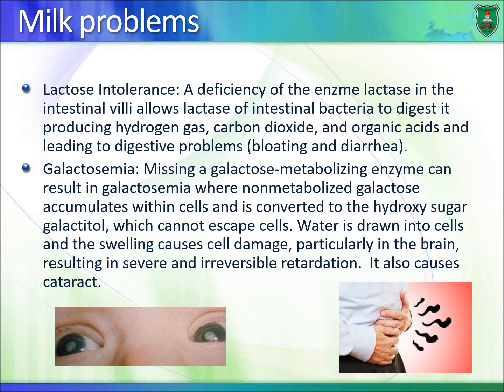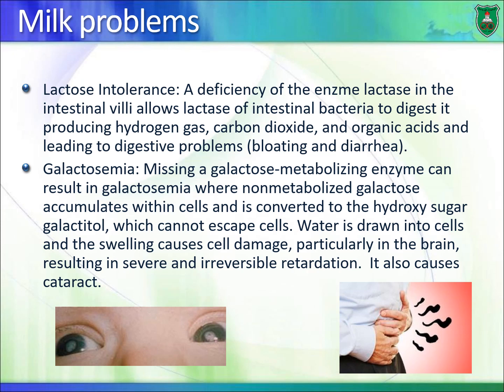As a result, water gets into the cells, okay? Because there's higher concentration of sugar inside the cells, so water would get into the cells. That would cause cell swelling and cell damage and death. That would result in retardation.